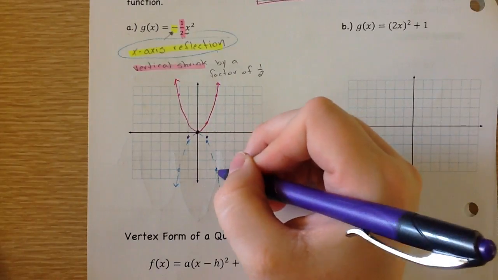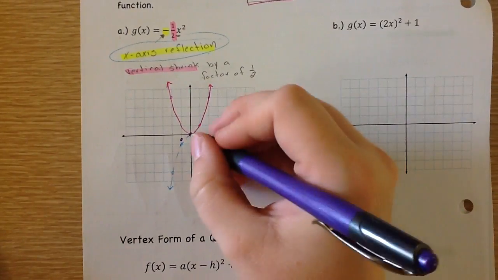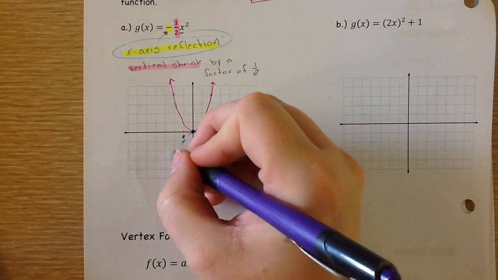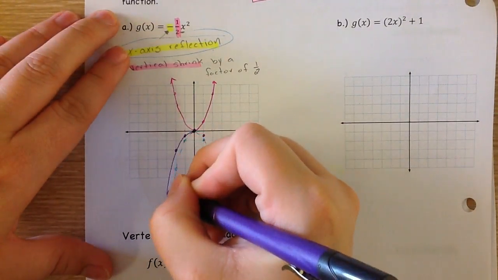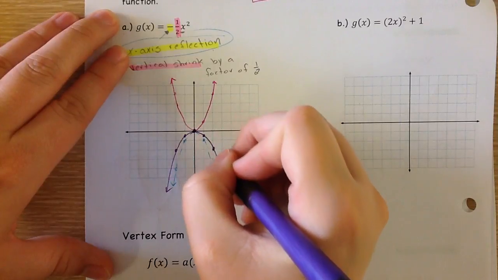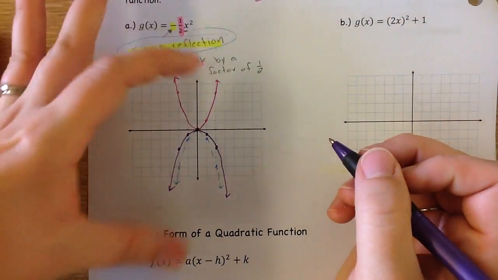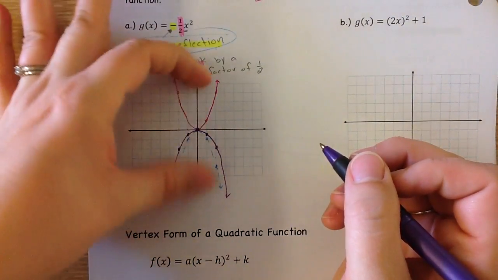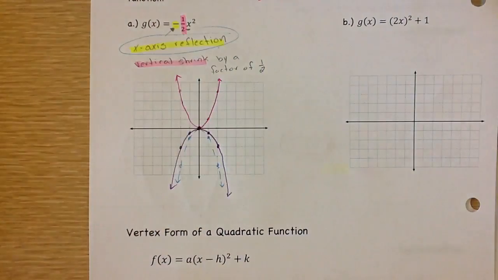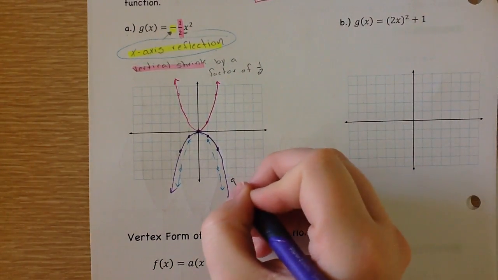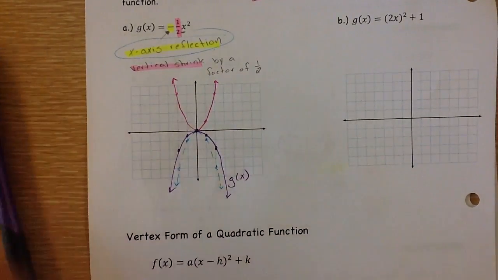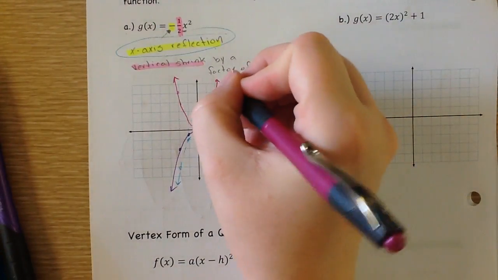Instead of being at 2, 4, I have to pull it in by half. So it's going to have to be the point 2, 2. So it's going to do that. Again, it just pulls those in vertically. Okay, so there in purple is my new g of x. That blue is just our halfway point. This pink is my f of x.